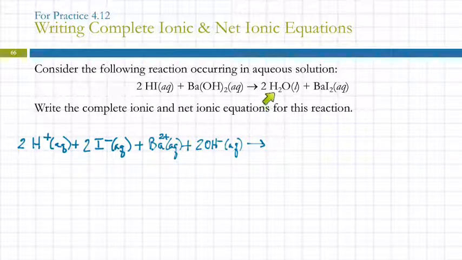My first product is water. The state symbol is L for liquid. Leave it alone. Just copy it down. 2H2O liquid. And then the last one, aqueous, an ionic compound, separate that into its ions. So I'm going to get barium ion.